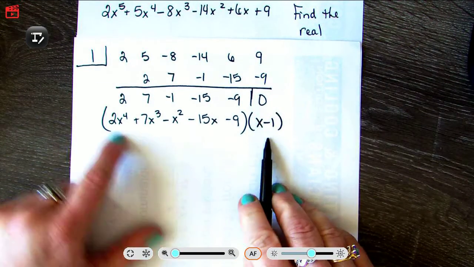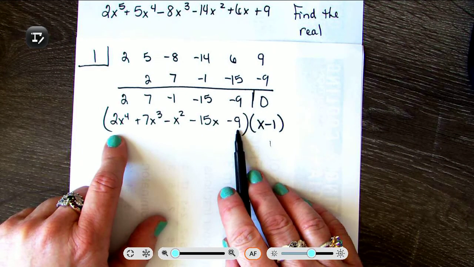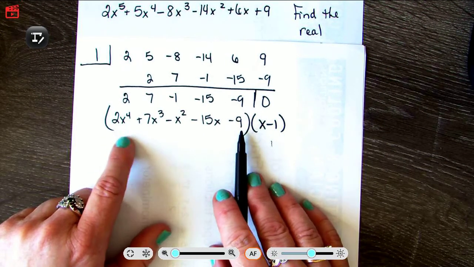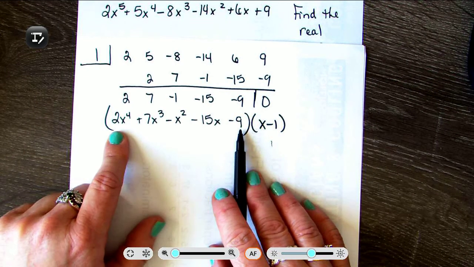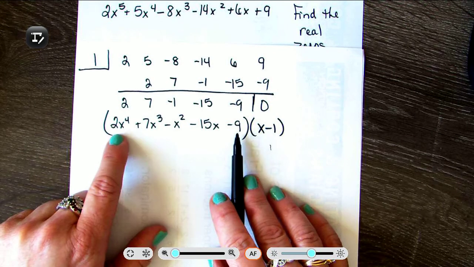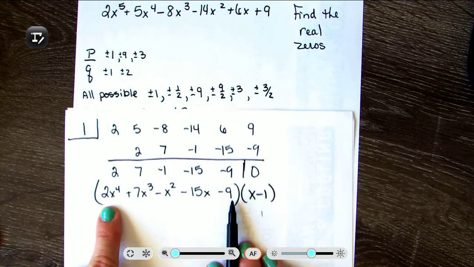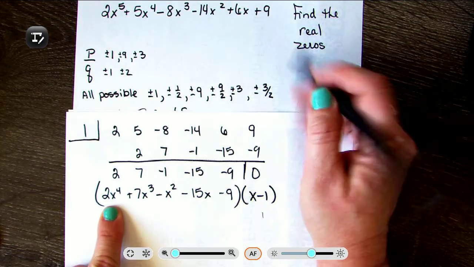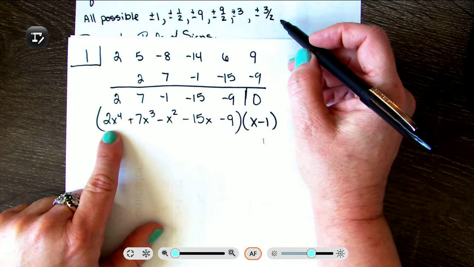I have factored out that x minus 1. And now I'm down to a 4th degree polynomial. So I now know that my other zeros are going to come from this. The unfortunate thing that has happened is I didn't decrease my possibilities. Since I'm still with the 2 and the 9, the possibilities haven't changed.